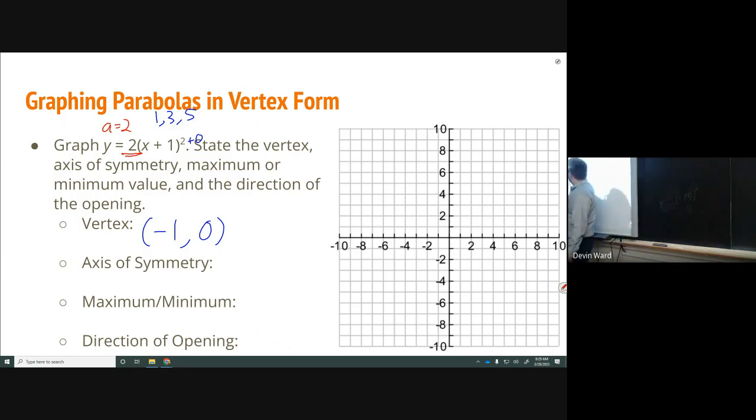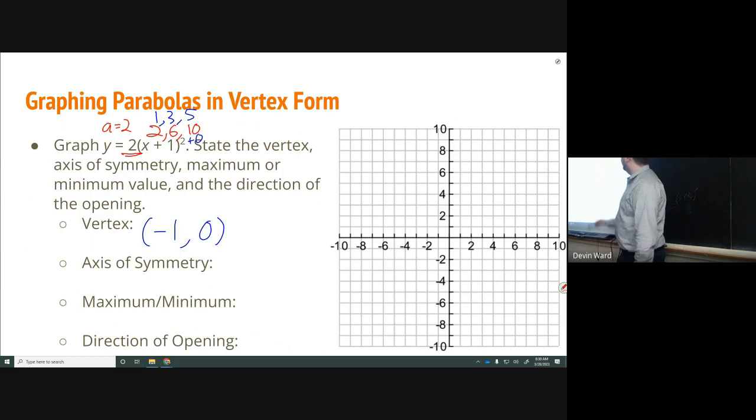We multiply them by 2 because that's what our a is. So that's how it's going to stretch. So instead of going up 1, multiplied by 2 is 2, so I'm going to go up 2. Then, instead of going up by 3, I'm going to go up by 6. Good. And instead of going up by 5, I'm going to go up by 10.